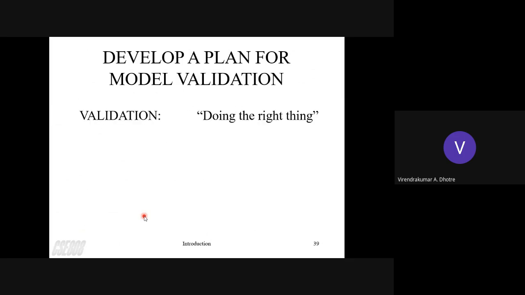Validation, so doing the right thing, right? So asking the right questions. Have I successfully added two variables using a calculator? Are a float value and an integer value getting added and giving a result? So asking the right questions is also important so that you can get an answer. If yes, then I can say yes, by using a calculator, I can add float values and integer values also.